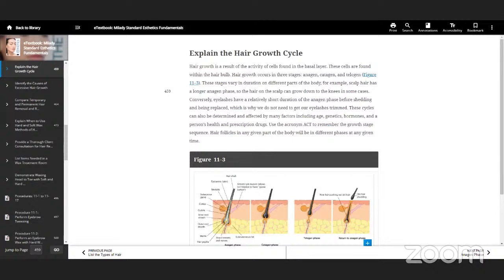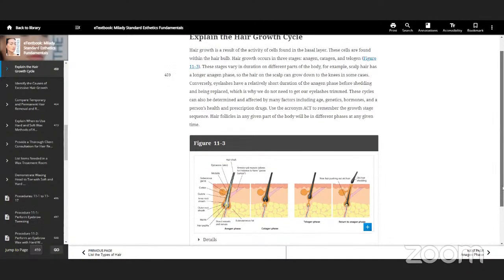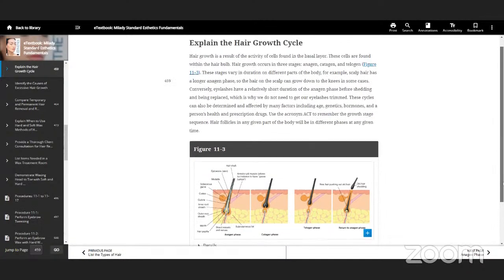All right. So before we talk about the project, I did want to go over this last section. It's very easy. So if you got the first part, you need to lock this part in right here. It says explain the hair growth cycle.